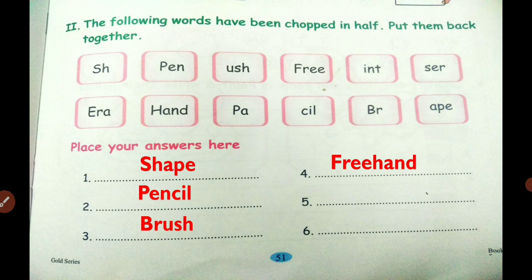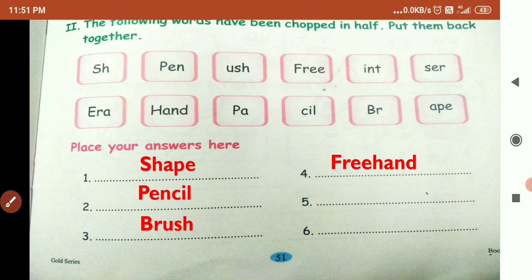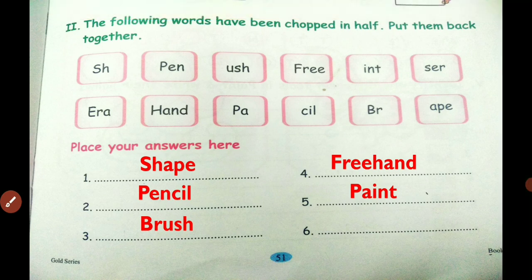Then the fifth one. Now you go from down onwards. PAINT, paint. Then the sixth one, that is eraser.